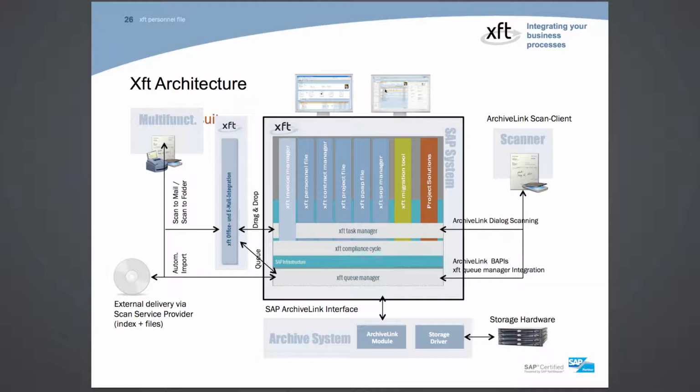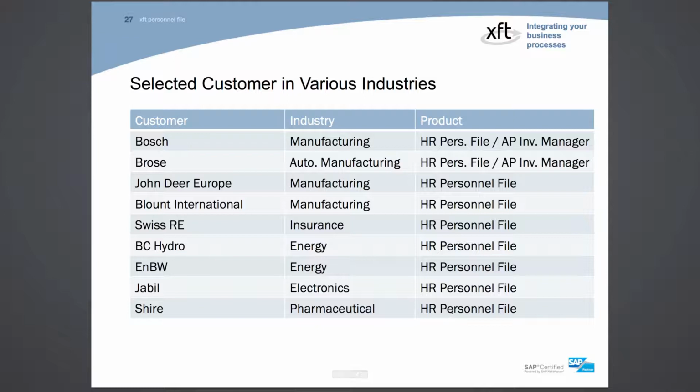Display works on your local computers, whether you use our full function SAP GUI access or the HTML access as a casual user, and the documents are actually stored in an archive system here, an ArchiveLink compliant archiving system that connects to the appropriate storage hardware.